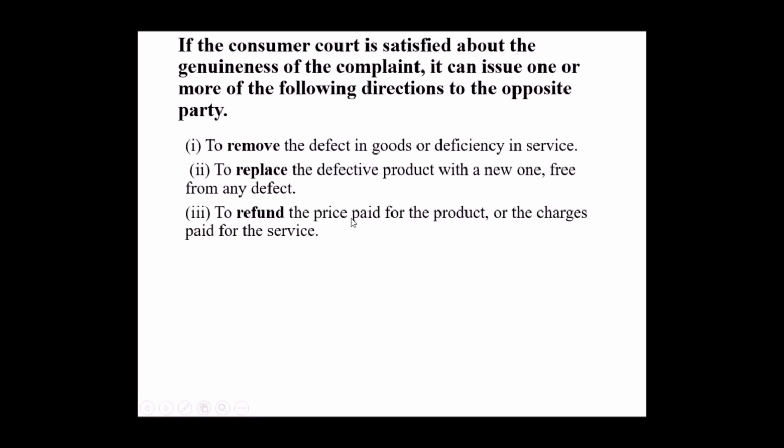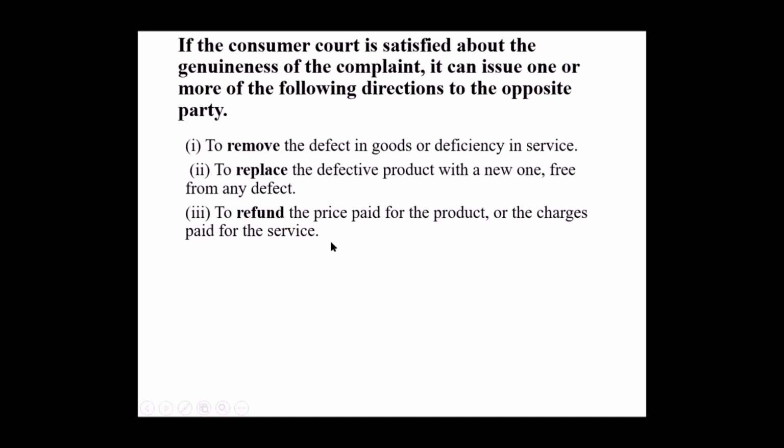Second is to replace the defective product with a new one free from defect. Again, I can take the same example. You got a mobile and your mobile is defective. In this case, the court may order the company to replace your defective mobile with a new one that is free from any defect. Third is to refund the price paid for the product or the charges paid for the service.